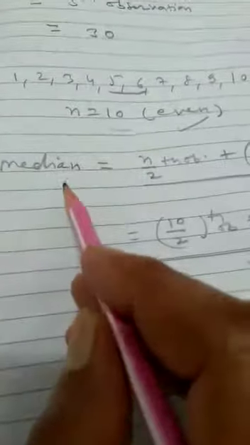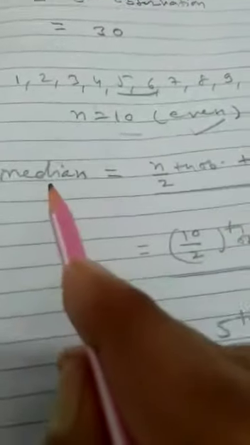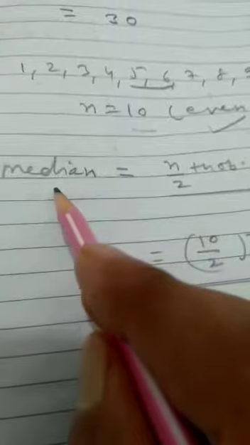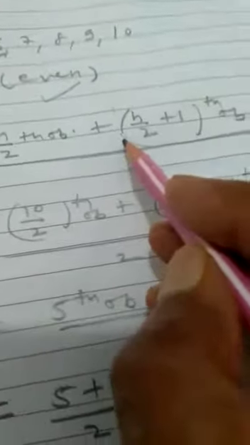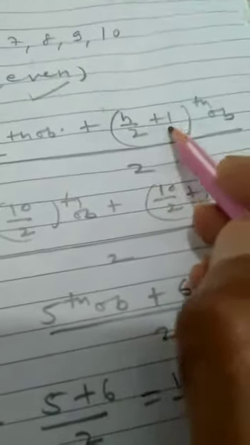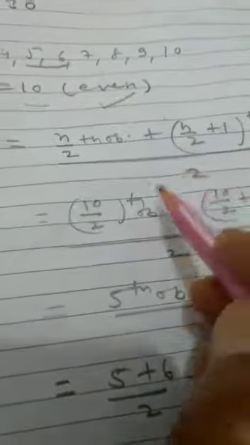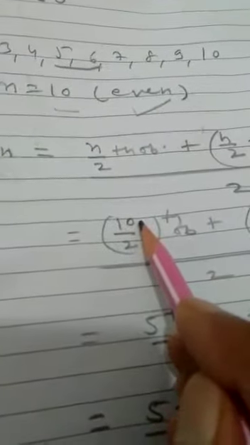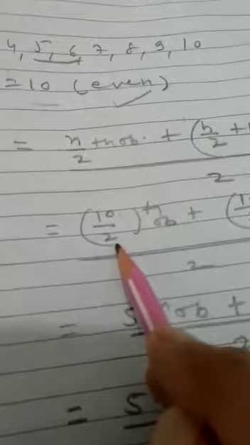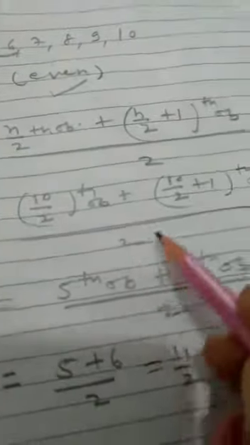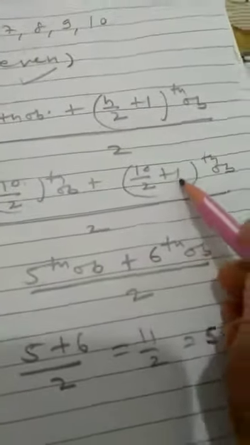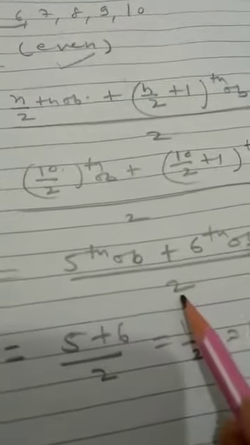So for even numbers, we use the formula for median: the n upon 2th observation plus the (n upon 2 plus 1)th observation, divided by 2. N is here 10, so 10 upon 2 is the 5th observation, and the next observation is the 6th observation, divided by 2.